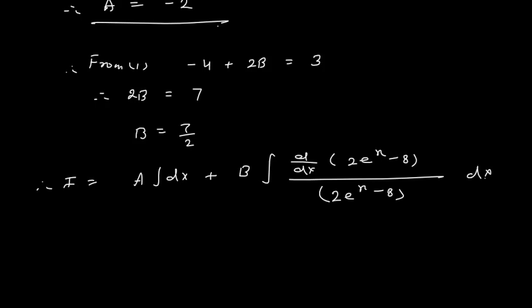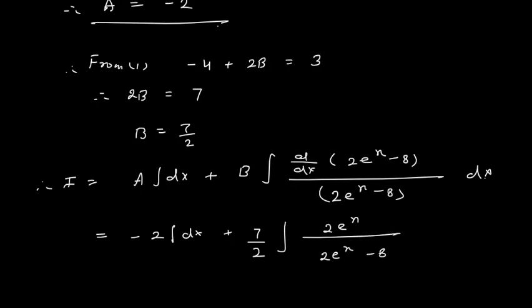So this is equal to the value of a, which is minus 2 dx, plus the value of b, which is 7 divided by 2, integration of, now this is 2 e power x divided by 2 e power x minus 8 into dx. So this is minus 2x plus 7 divided by 2 log of 2 e power x minus 8 plus c.